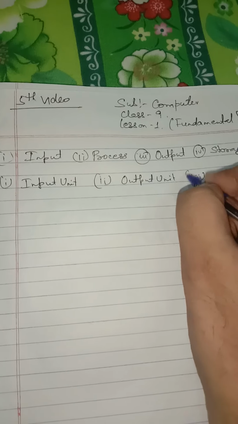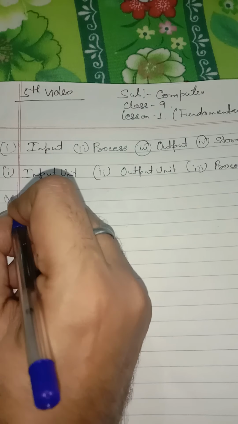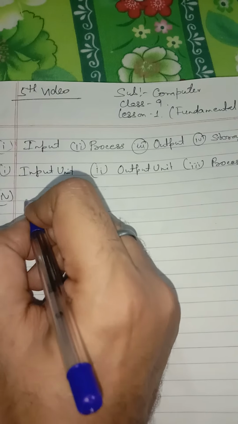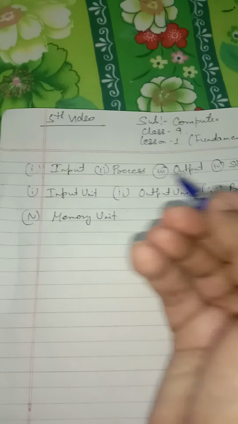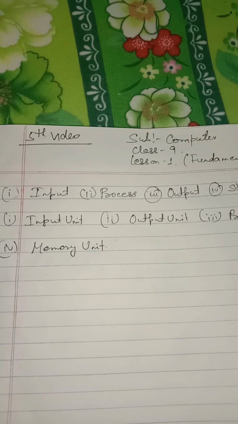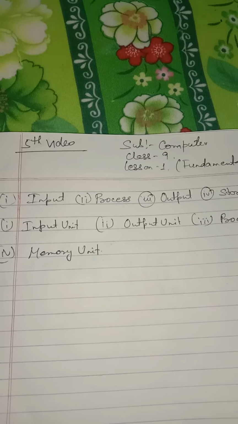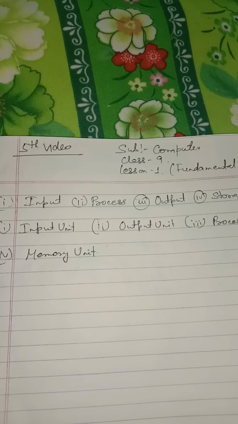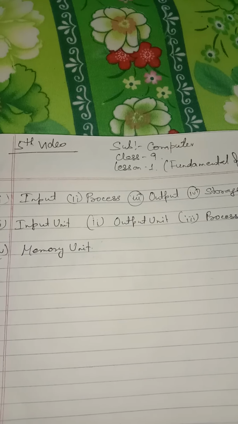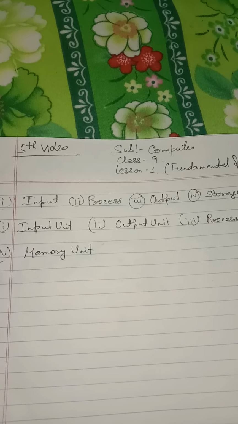Number 3, processing unit. Number 4, memory unit. These were the four major units that perform the four major functions. The input unit performs the function of input. The output unit performs the output function. The processing unit performs the processing function, and the memory unit is used for storing the data.